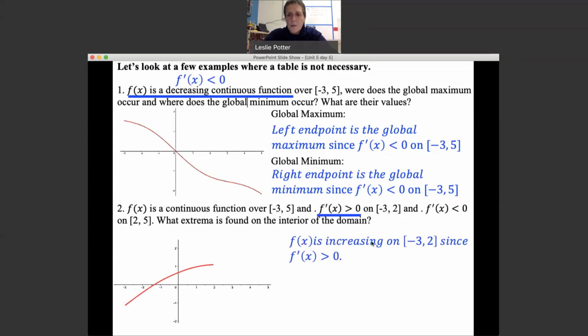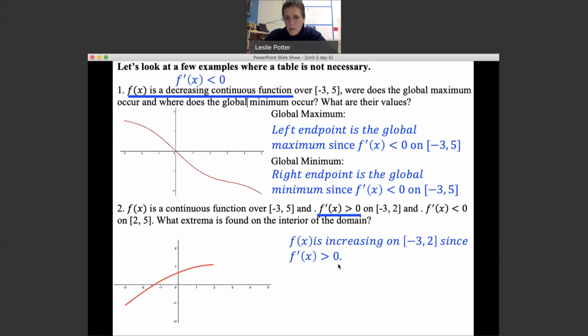So we have f of x is increasing on the interval -3 to 2 since the derivative is greater than 0. So that's our first statement: we need to take the information about the derivative and relate it back to the function. Positive derivative means the function is increasing. So we make a conclusion about the function, and here's our justification for that conclusion.